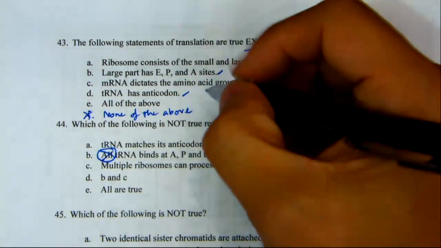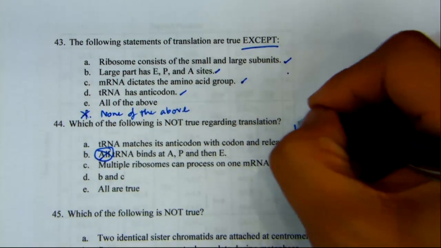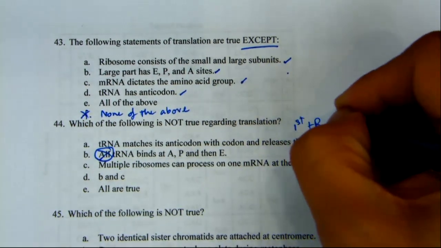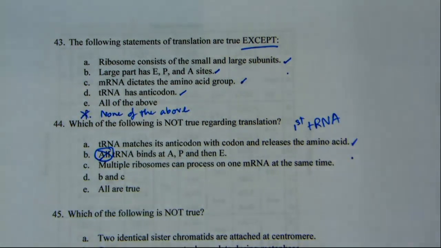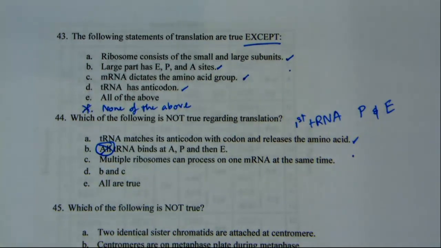The first tRNA binds to P and E only. Because if it binds to A, then we don't have space for the second one to come in.